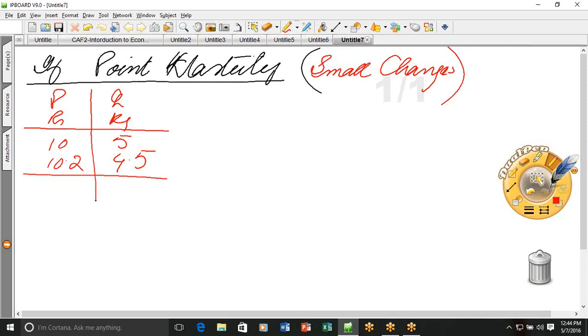These are showing very small changes. For that purpose, you can use point formula.